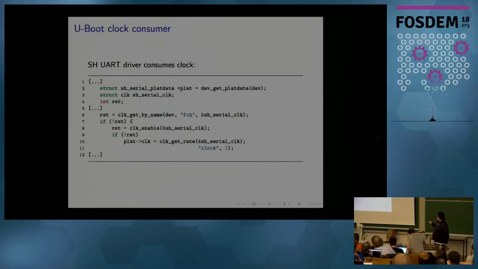So let's see. First of all, we need to get the clock handle. This is pulled from the device tree property associated with the device. So you'll have in the device tree node for this serial port clocks property and clock-names property. The clocks property will contain a phandle to the clock controller and possibly an ID of the clock.